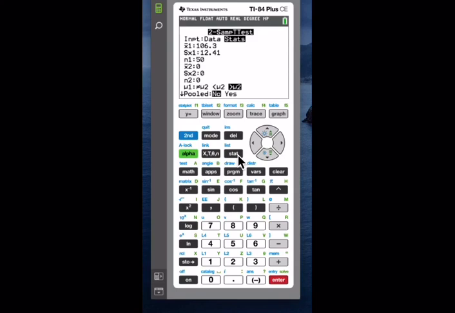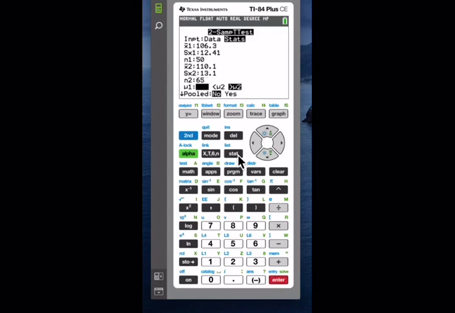Now the second sample mean is 110.1. The second sample standard deviation is 13.1, and the second sample size is 65.